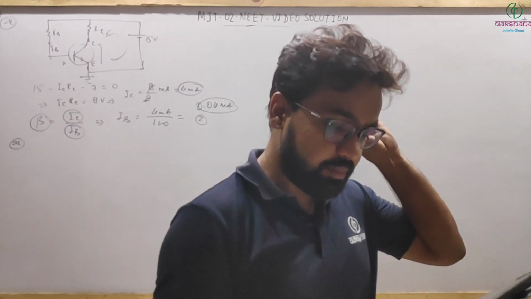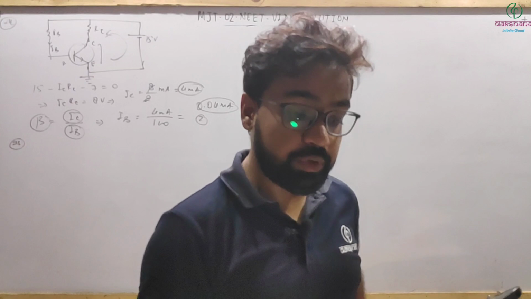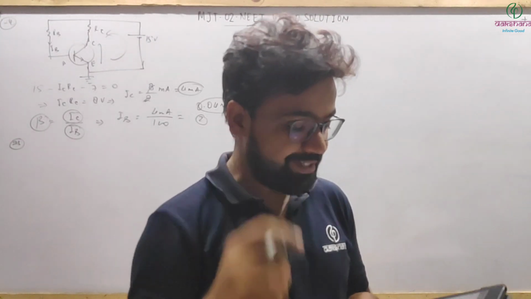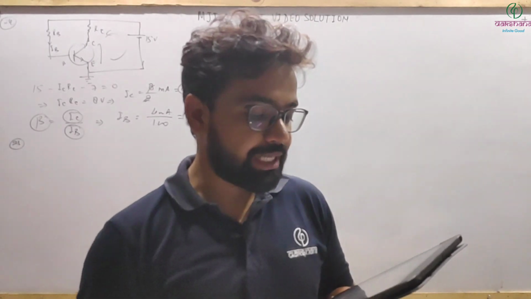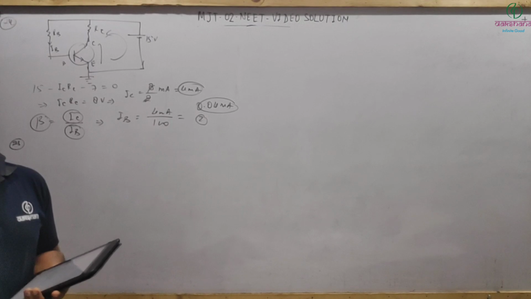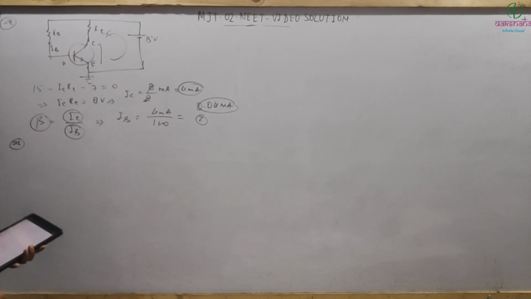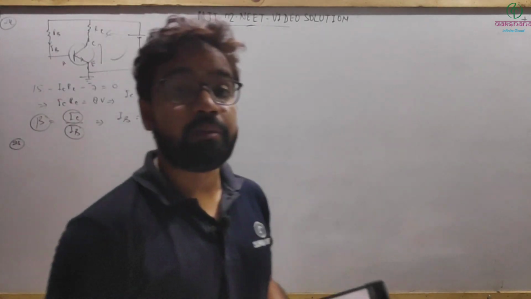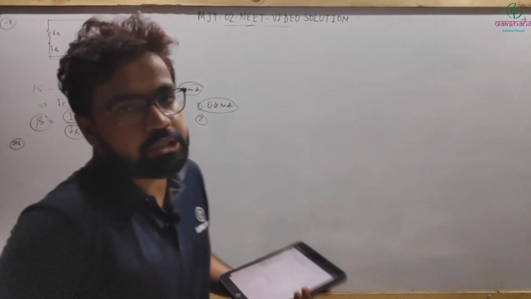Question number 25. Person cannot see the object clearly placed at a distance more than 40 centimeters. So the farthest point has been shifted to 40 centimeters. He is advised to use a lens of power. So then he should be able to see the object at infinity. So if by the lens, object placed at infinity, image is formed at 40 centimeters, then he will be able to see it normally.